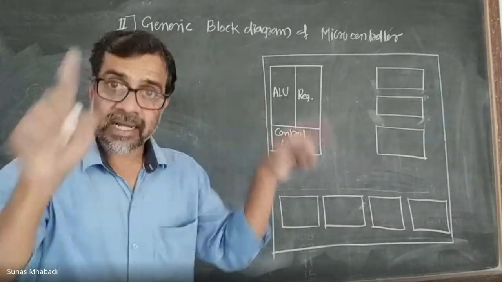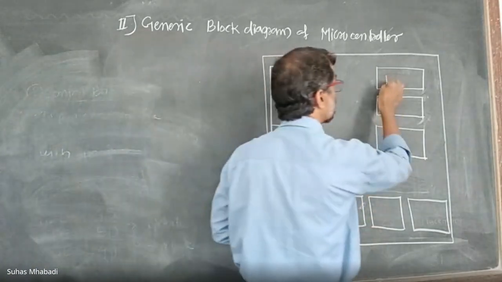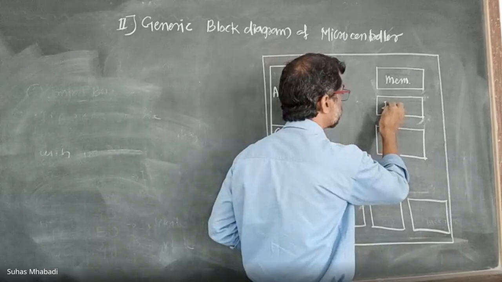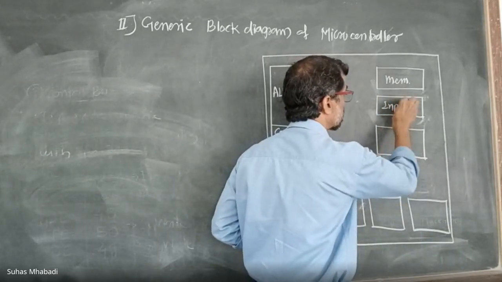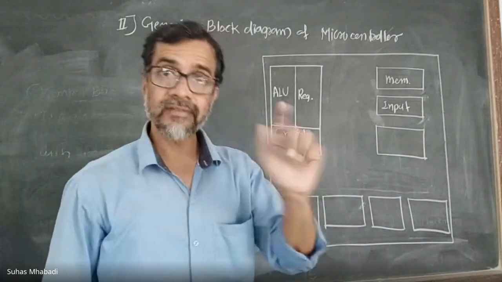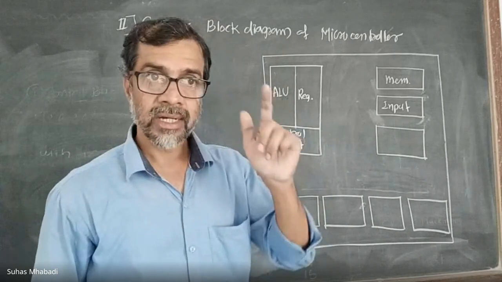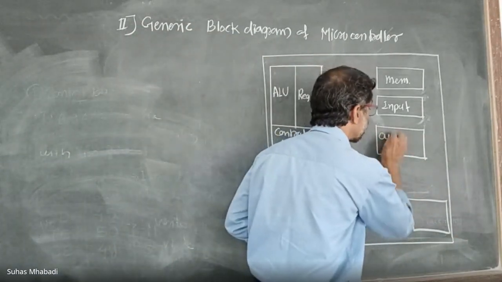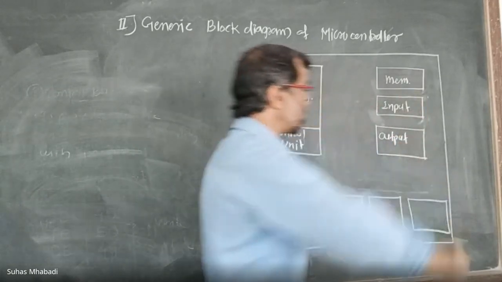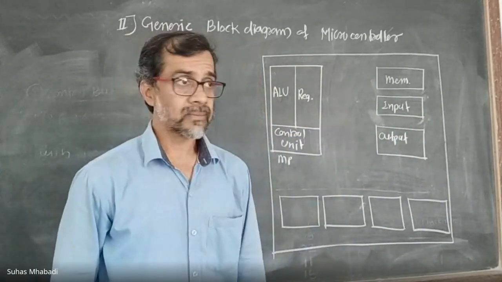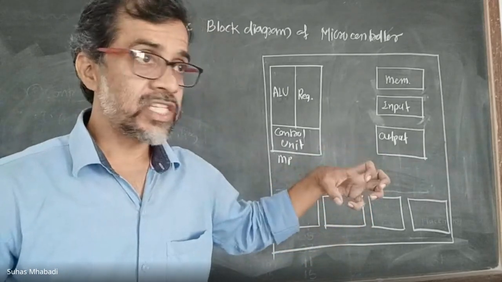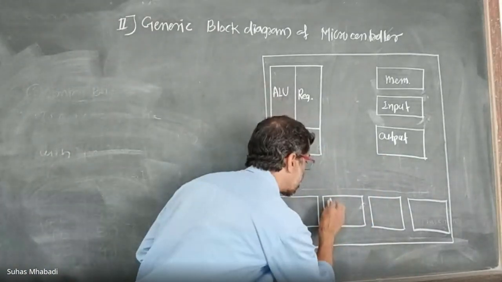Along with that, a single IC must consist of memory, even the smaller one, input interfacing devices, I will tell you the difference between interfacing device and peripheral device, output interfacing devices. It must incorporate the feature of ADC. Fine.